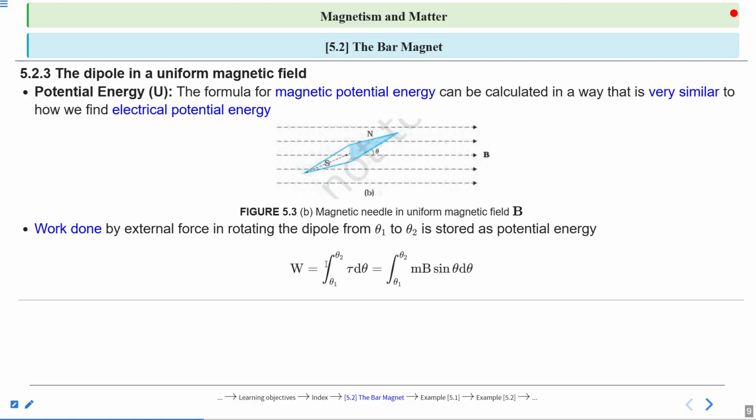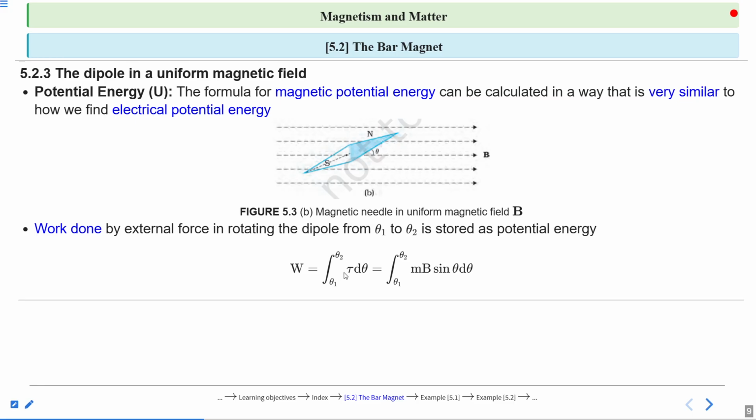So work done will be equal to tau d theta, small work done. In rotational motion, you may have studied what work done is: torque into angular displacement. Similarly, in translational motion, it is force into displacement, and in rotational motion, torque into angular displacement. This tau d theta is a very small displacement, so this is small work done.